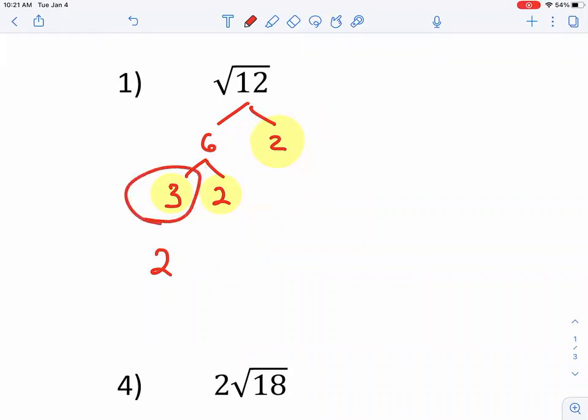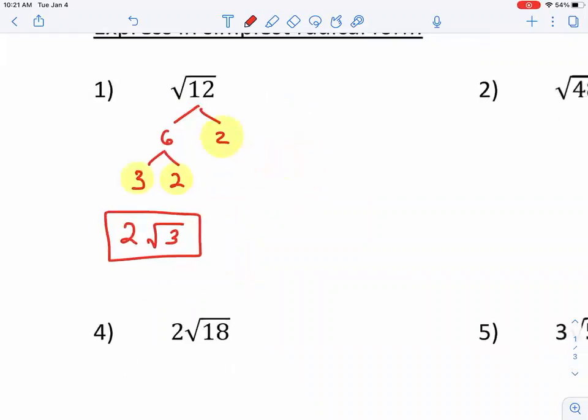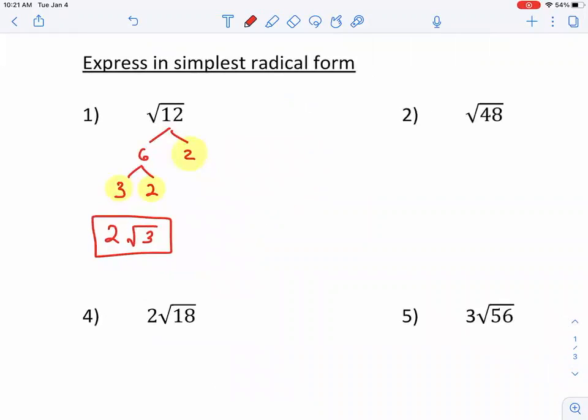Now this 3 doesn't have anything to pair up with, so that guy has to stay home. And so our answer is 2 times the square root of 3, written as 2 radical 3. Again, because we had a pair of 2s, those go on the outside, and that 3 was left over, so it has to stay home.